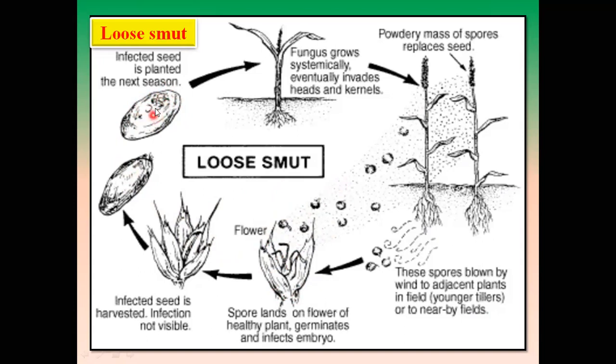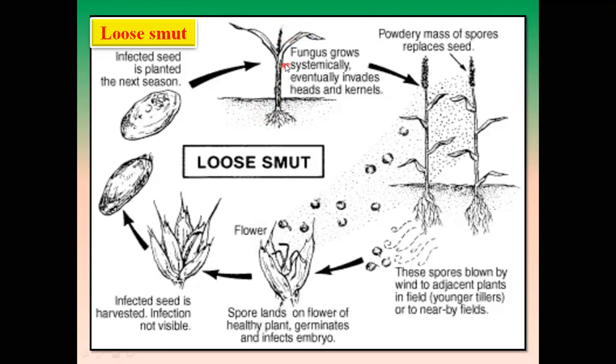Such infected seeds, when sown in the main fields, have mycelia that persist or become systemic in the germinating seedlings but do not develop symptoms on the leaf portion.